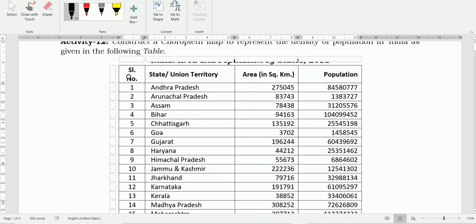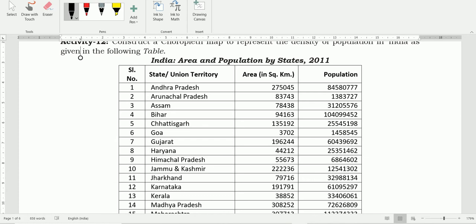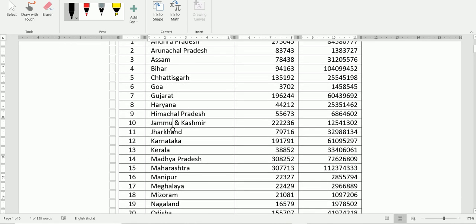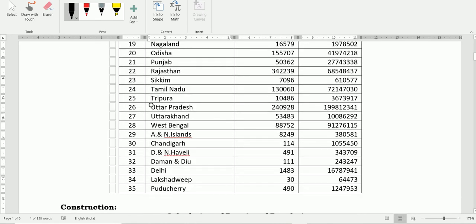Here area is given, then population of each state is given, say Andhra Pradesh, Assam, and so on. All these union territories are also included. How to find out the density of population, you have learned.